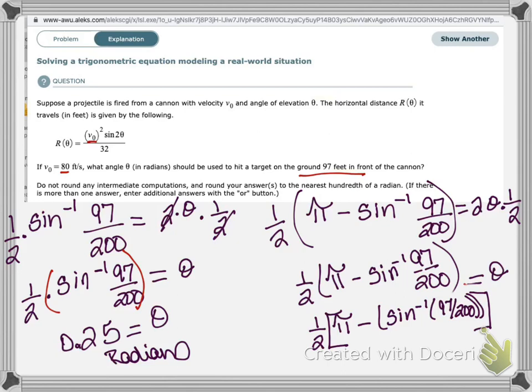What I'm doing here is making sure my calculator follows order of operations. When I do pi minus the inverse of sine 97 over 200, and then multiply that times 1/2, my other theta is going to be 1.32, and we're still talking about radians.